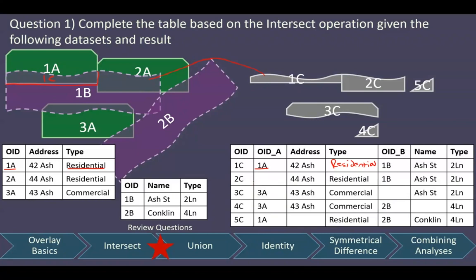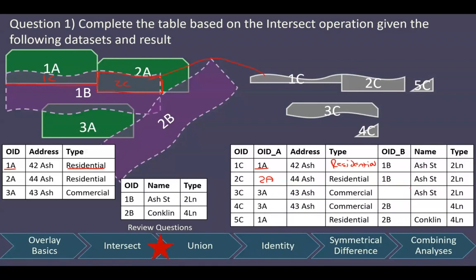So the second question is asking what is the OID from the A data set that is comprised of 2C. So again, looking here, that's 2C. So pretty quickly, just visually, we can tell that that should be 2A. The next one, we're switching from the A attribute table to the B attribute table.